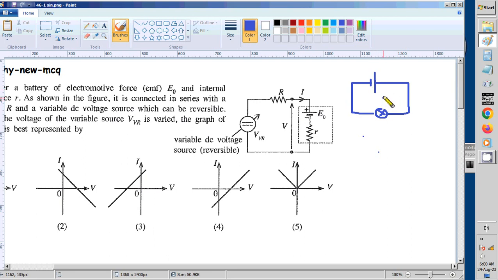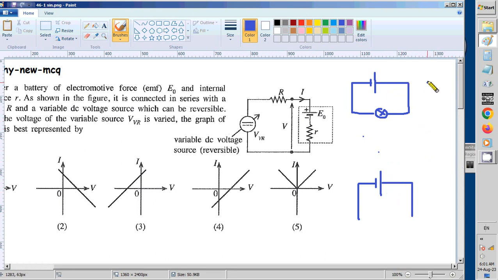Then the other instance, we can use a battery to charge it. We can charge the battery using a power supply. We give in current in this instance.